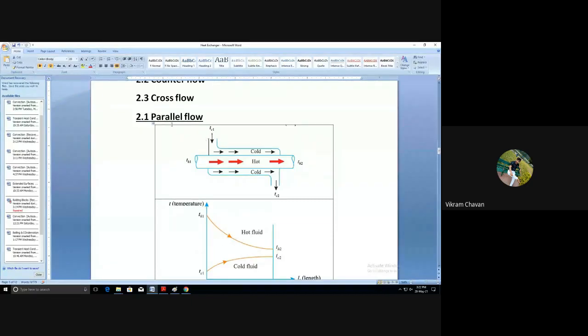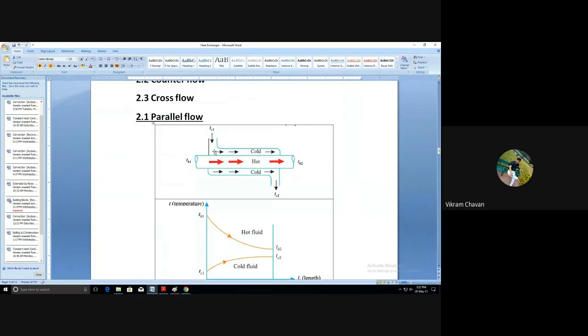In this particular classification we are going to discuss the parallel flow. Let us consider that the hot fluid is entering with a temperature of TH1 from this side through the inside tube, flowing from one end to the other end. From the same end another fluid is entering the outer tube, and that fluid is also flowing in the same direction as the hot fluid.